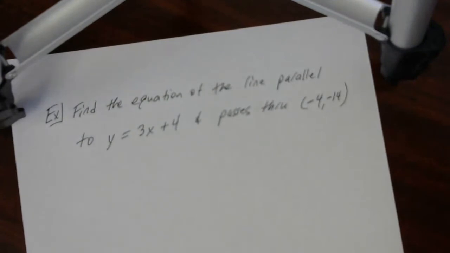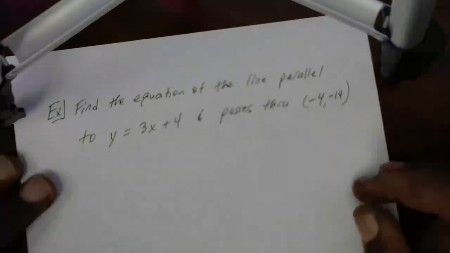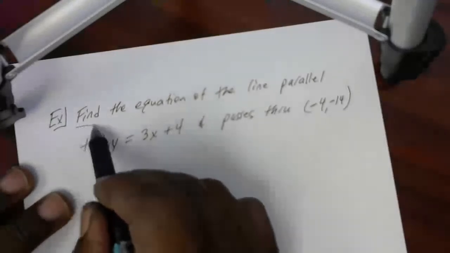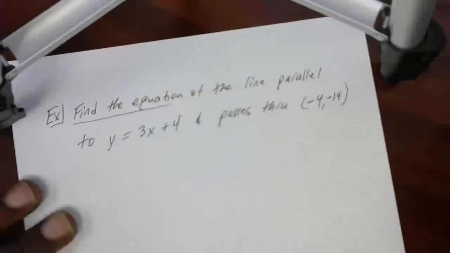Okay, so here we are asked to find the equation of a line that's parallel to y is equal to 3x plus 4 and passes through -4 comma -14.